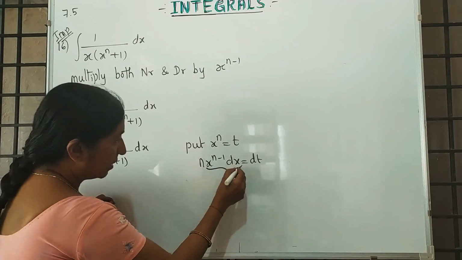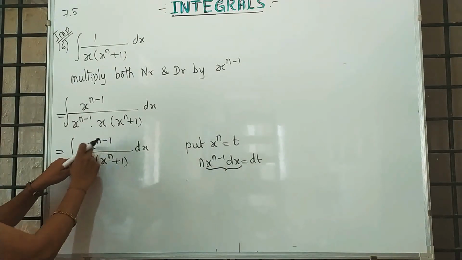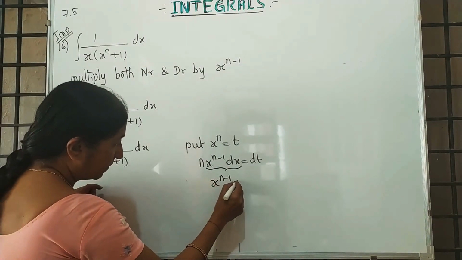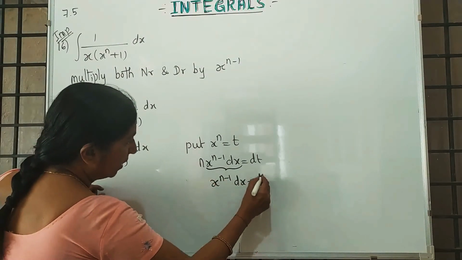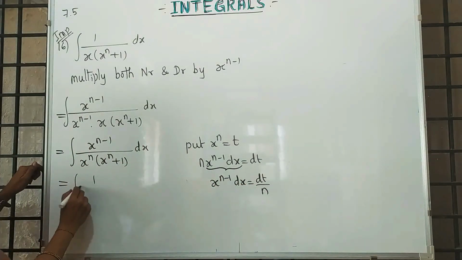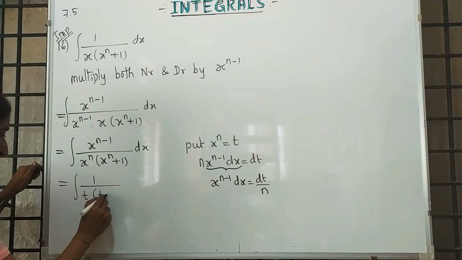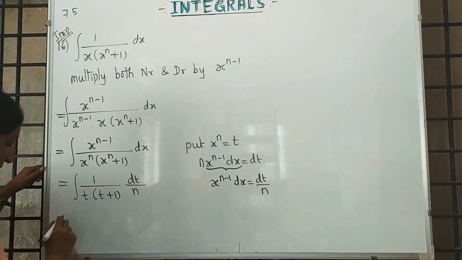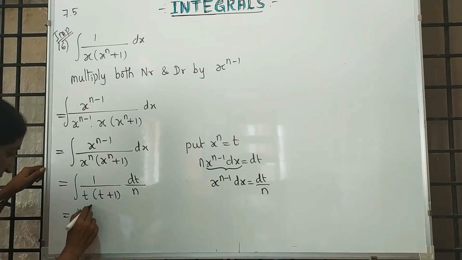See, x raised to n minus 1 into dx is already present in the problem, keep as it is. Take n on the right side, dt upon n. So 1 upon t into t plus 1 into dt upon n. This is 1 by n, a constant.